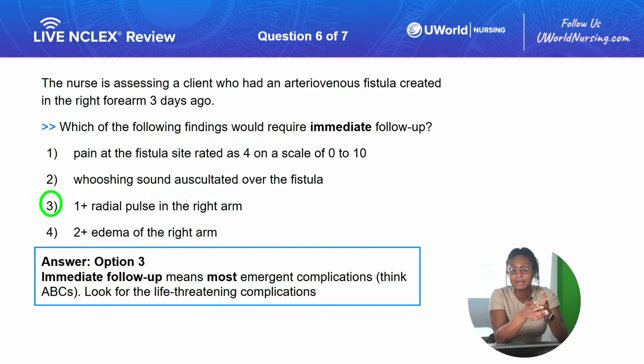This means that there might be a complication of a thrombus or something occluding that circulation, which would be the C in ABCs. So we need to do immediate intervention to assess why we're having a weak and thready pulse, so we can intervene and correct the circulation and get that regular or full bounding pulse that we usually see with these AV fistulas. So that is why option 3 is the answer. We need to intervene and get that pulse back to normal.